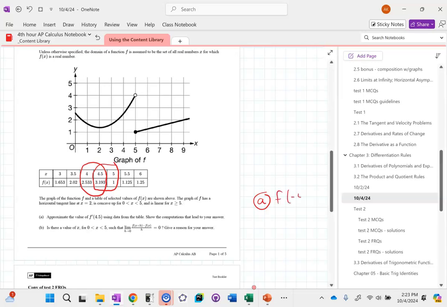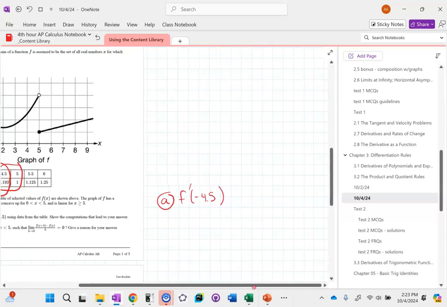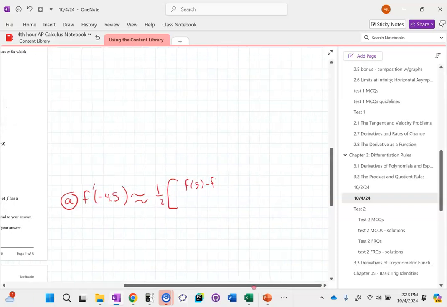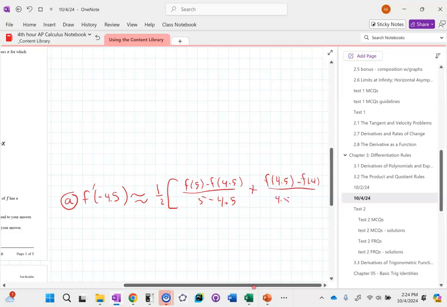So I would say f prime of 4.5 is approximately 1/2 times f of 5 minus f of 4.5 over 5 minus 4.5, plus f of 4.5 minus f of 4 over 4.5 minus 4.